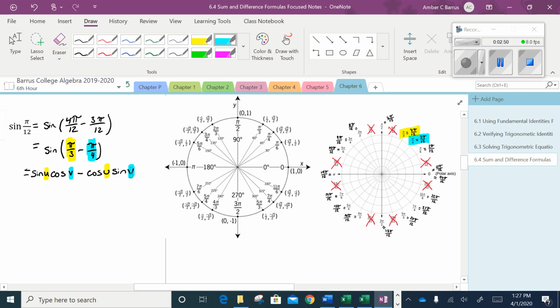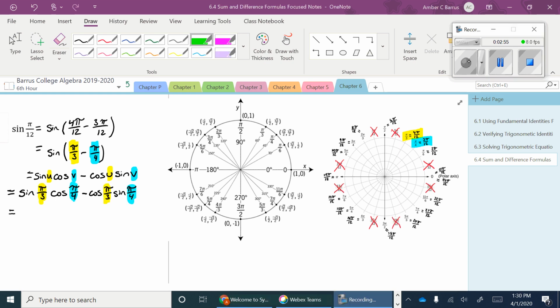And so we can go ahead and plug in our pi over 3 and our pi over 4 into those spots. Now we can look on our unit circle and find the values that we need. Remember that we're going to be looking at pi over 3 and pi over 4.